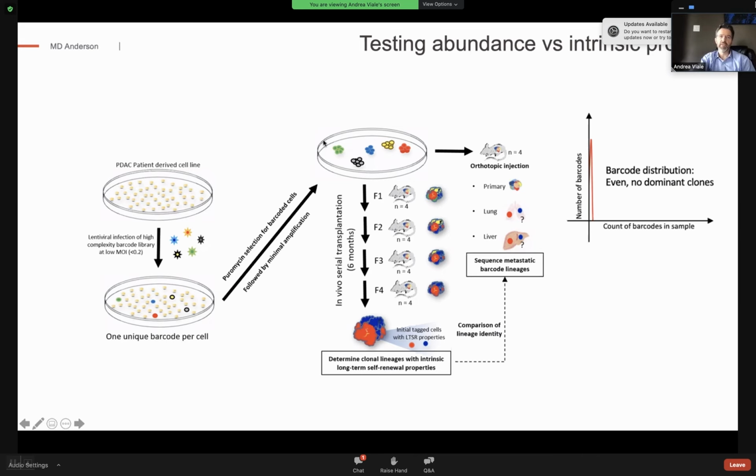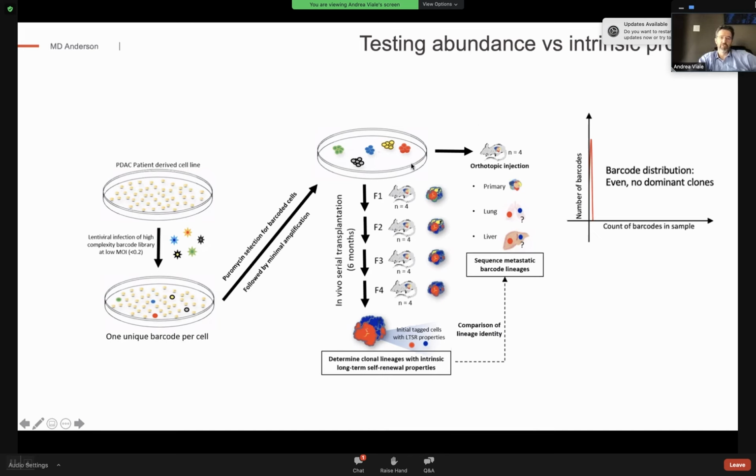What they did: they took patient-derived cells that they barcoded, and they passaged them for a very minimal number of passages, so that the number of barcoded cells for each barcode was still similar, okay? There were no major differences between the barcodes. Then they split the cells and transplanted half orthotopically to study metastases.